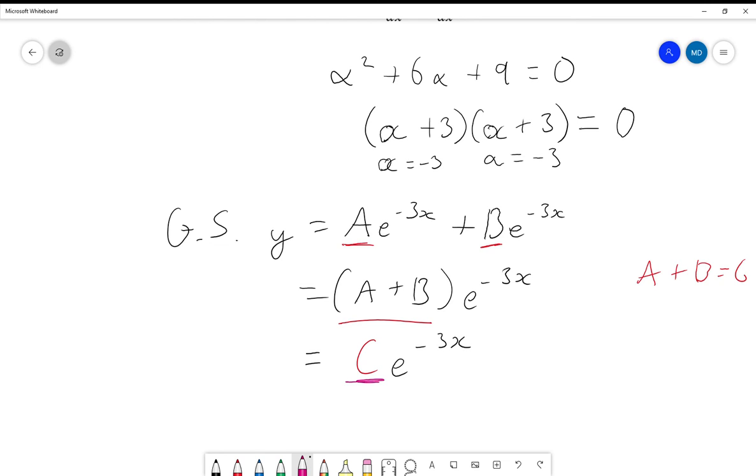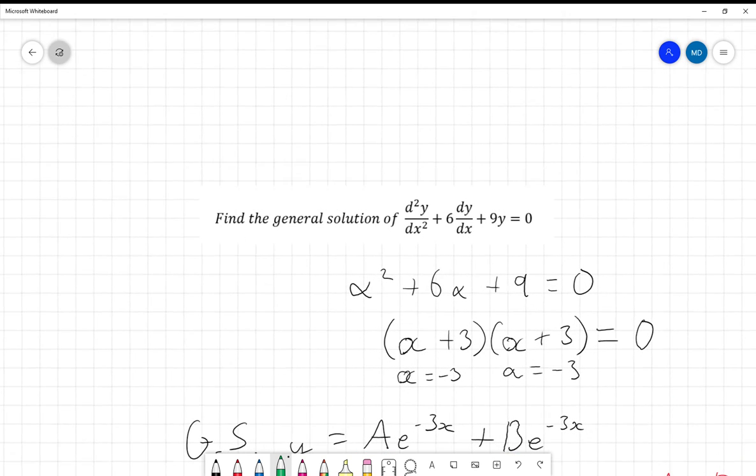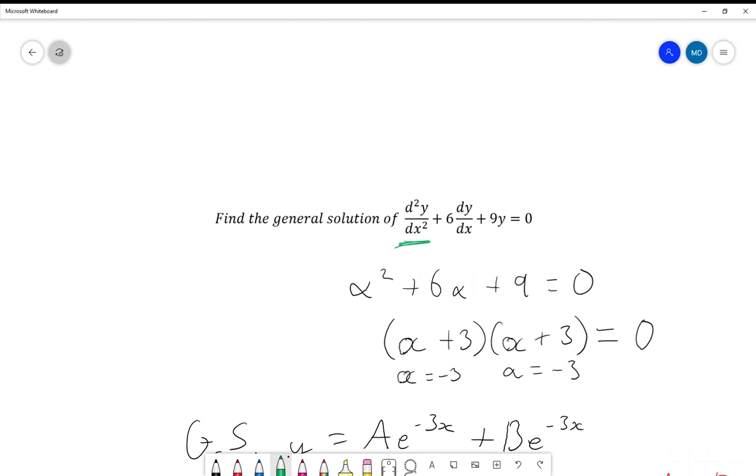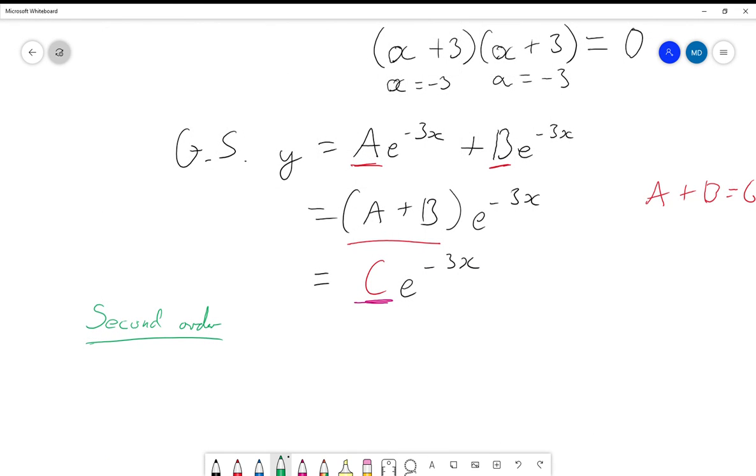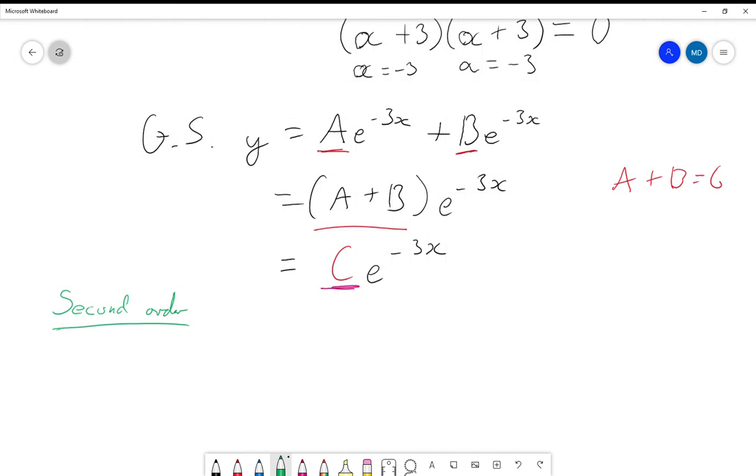But we know that, from it being a second order differential equation, it should have two arbitrary constants that we can find out potentially with initial conditions or given information. So something has gone wrong because it's only got one arbitrary constant.